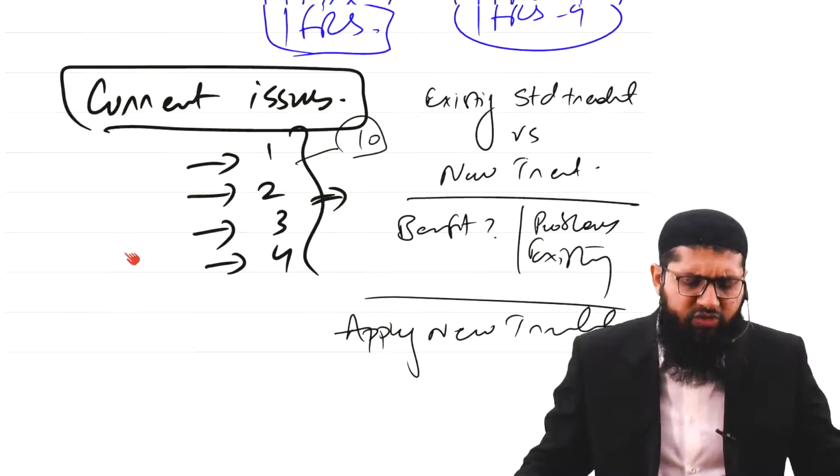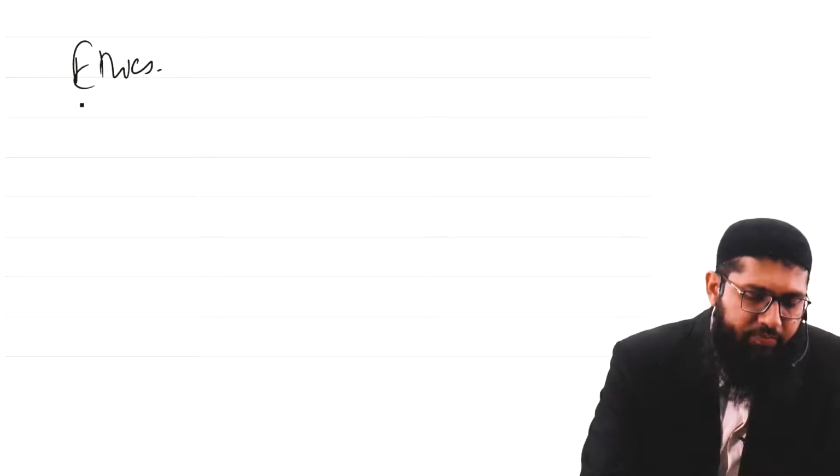ACCA, or it's not just ACCA, it's about every single professional body, whether that be a body of engineers, whether that be a body of doctors, whether that be chartered accountants, whether that be CFAs, whether that be lawyers, every single body nowadays is focusing upon teaching their graduates ethics.